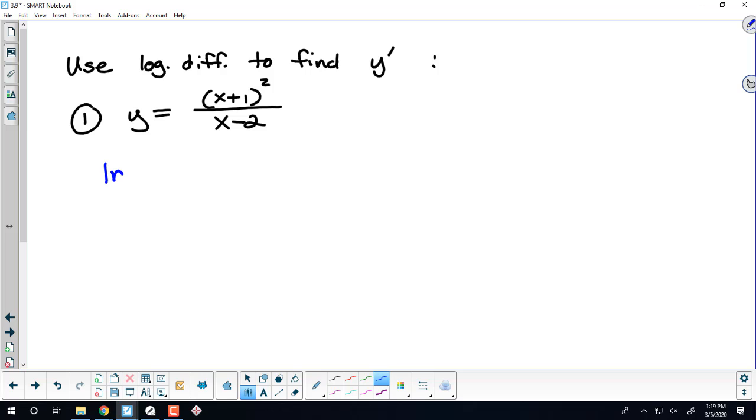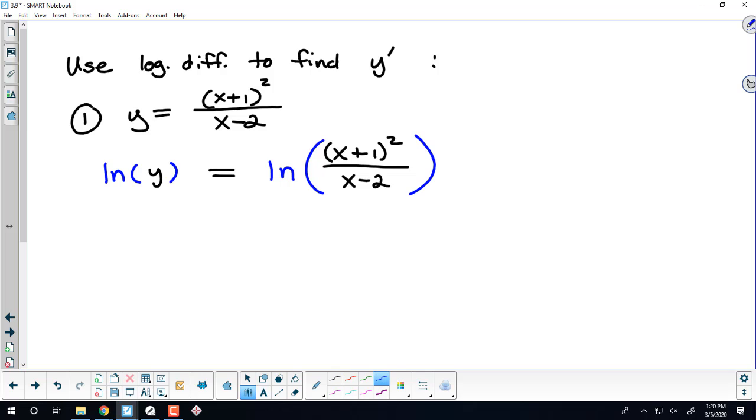So we're taking the natural log of both sides of our equation, and simplify then in terms of our properties of logarithms. ln of y just has to be left as it is. Nothing we can simplify there.